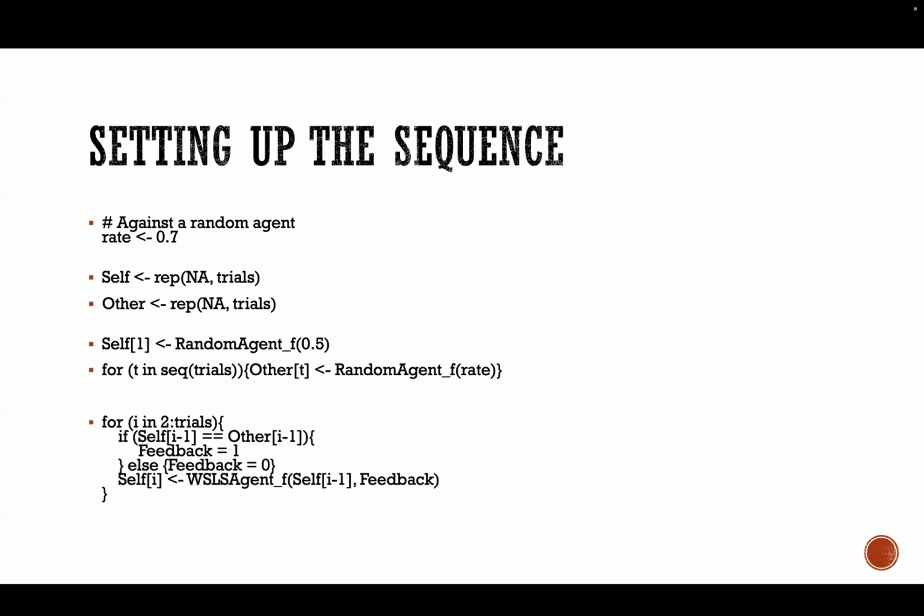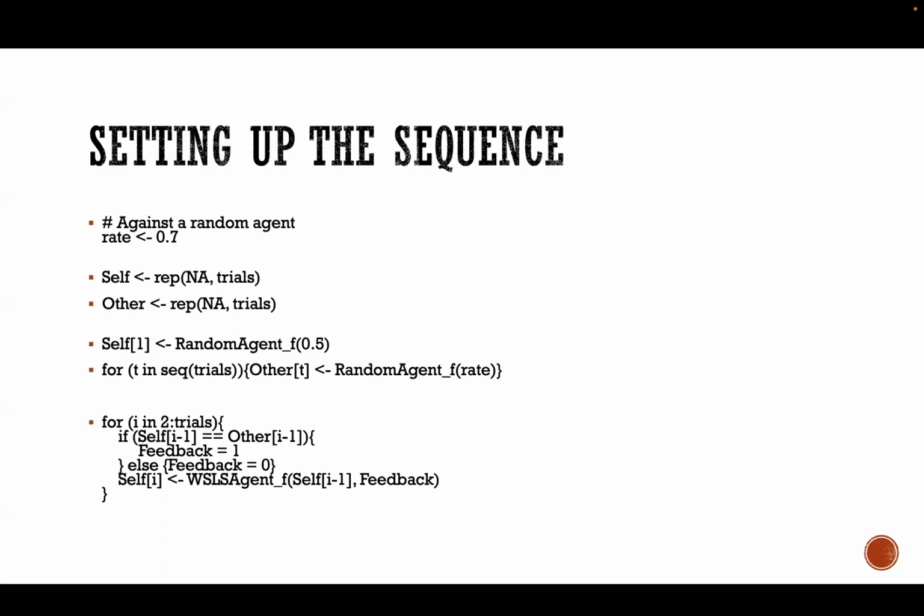But our win-stay-lose-shift from the second trial, when it has seen what the other is doing, will say: if the previous own choice is equal to the previous other choice, the feedback is 1. Right? The random bias agent is the one hiding, and the win-stay-lose-shift agent is the one guessing.